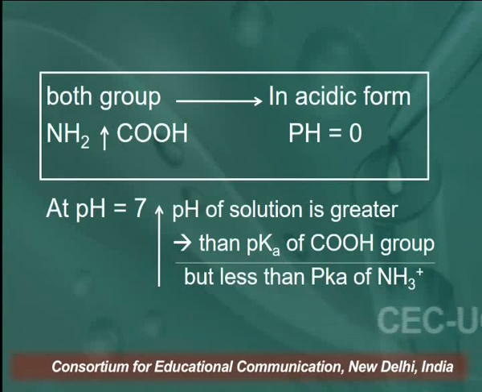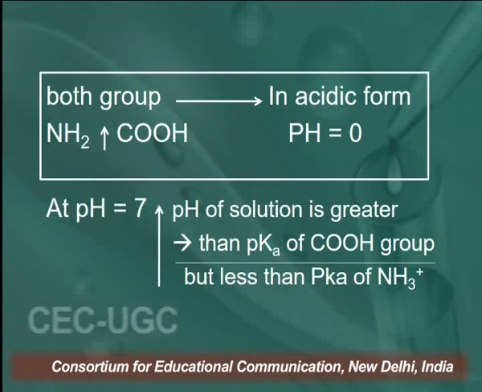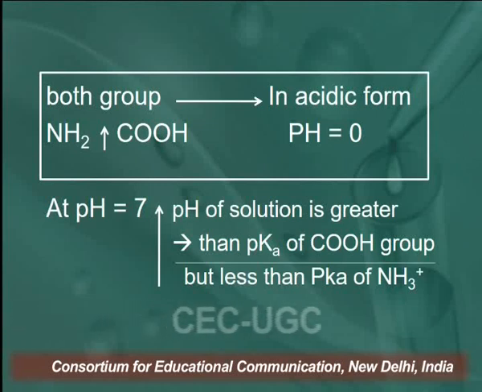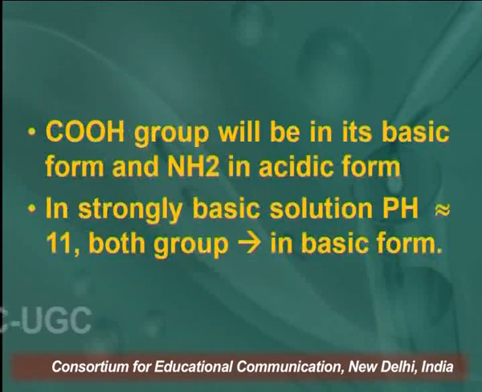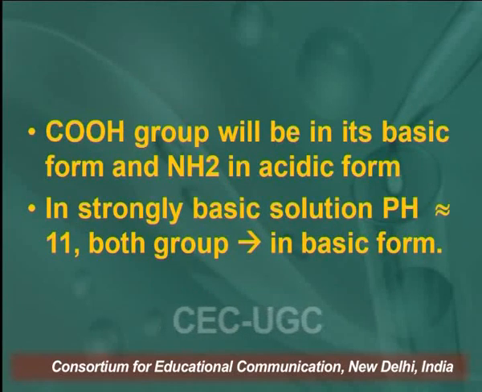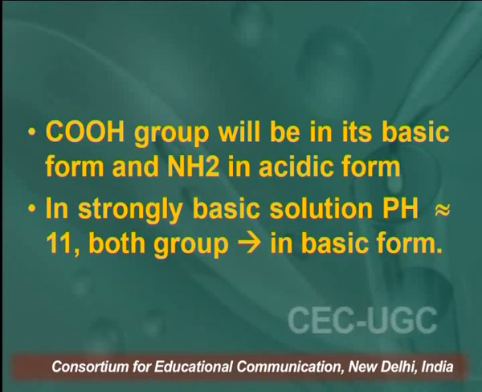At pH 7 the pH of the solution is greater than the pKa value of the carboxylic group but less than the pKa value of the ammonium group. So the carboxylic group will be in its basic form and the NH2 group will be in its acidic form.